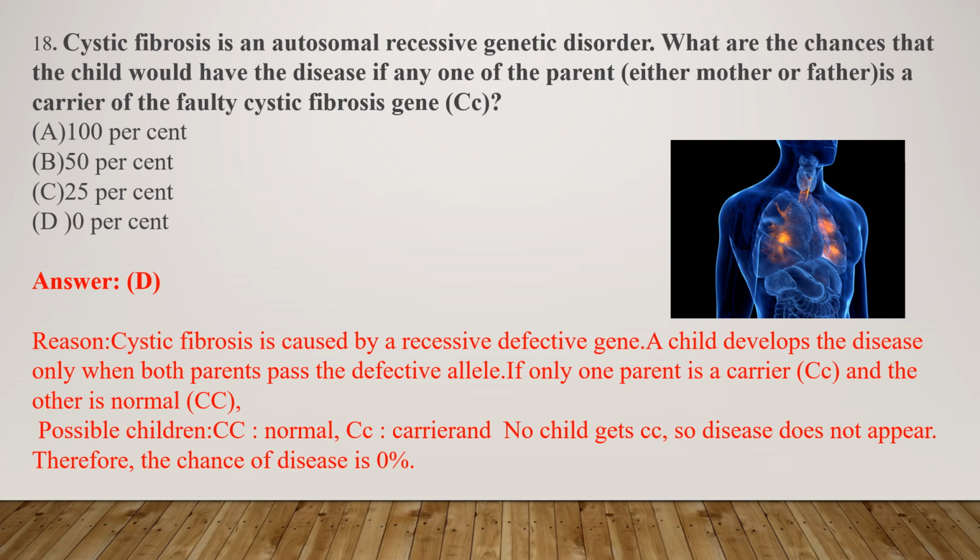A child develops the disease only when both the parents pass the defective alleles. If only one parent is a carrier and the other is normal, possible children are CC normal and Cc carrier, and no child gets recessive cc. So the disease does not appear.